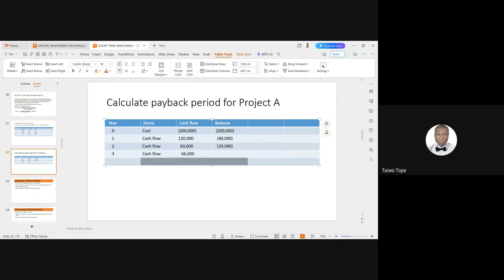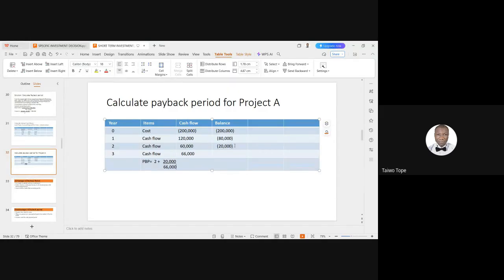The payback period will be equal to 2 years plus 20,000 divided by 66,000. Why not divided by 12? No, I'm not dividing it by 12.